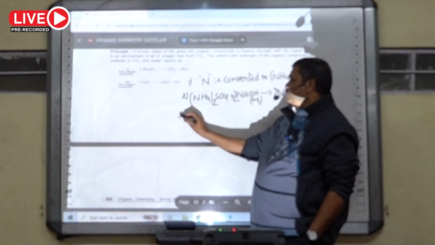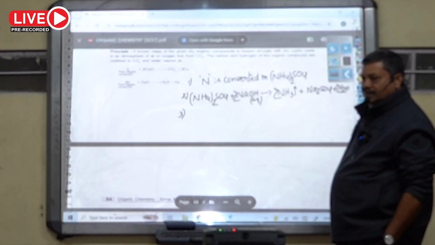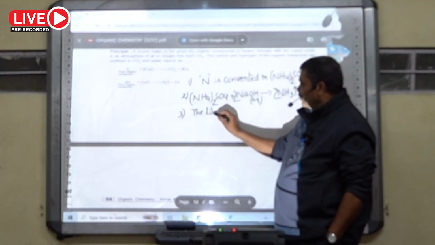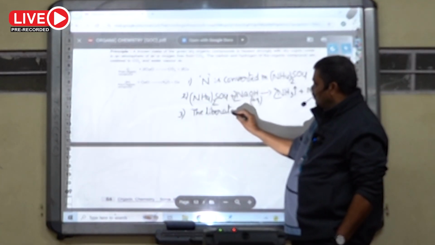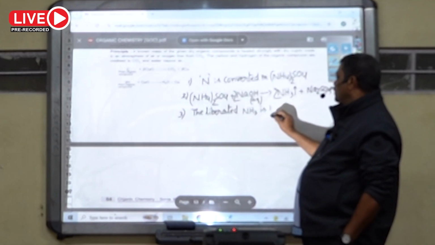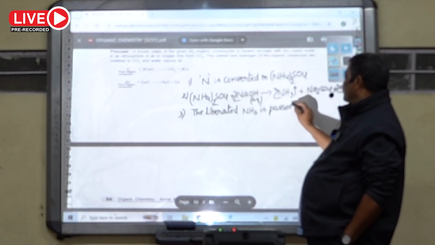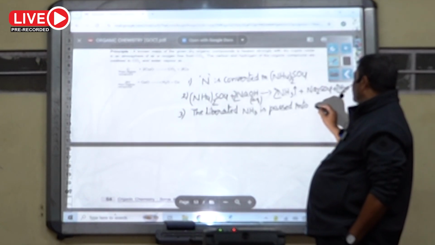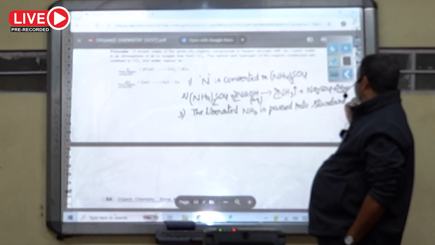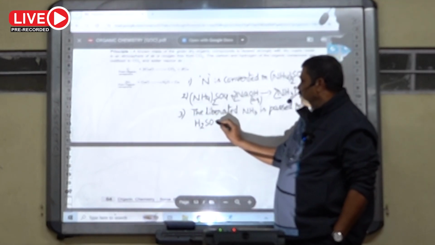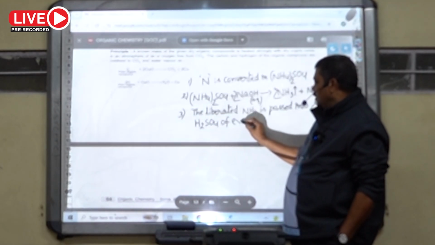Point number 3. The liberated ammonia is passed into standard H2SO4 of excess volume.